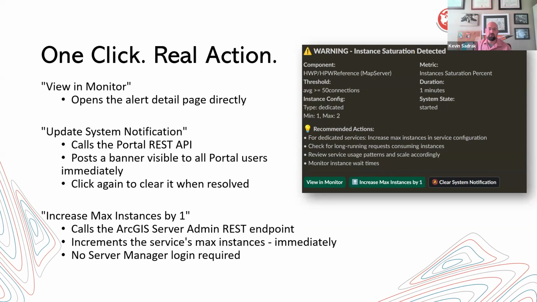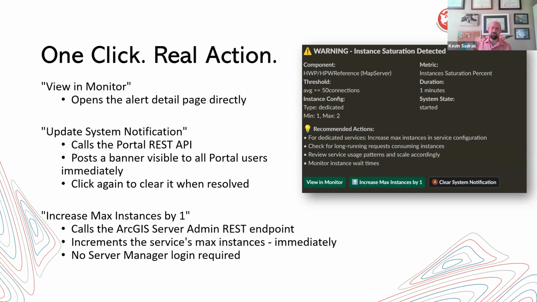And very similar is the increase max instances by 1. That's actually using the ArcGIS Server Admin REST API. And it fires over an update definition call, which if you've dug into that sort of thing, you'll be familiar with. And it just does a +1. There is a step previous to that where it queries that service.